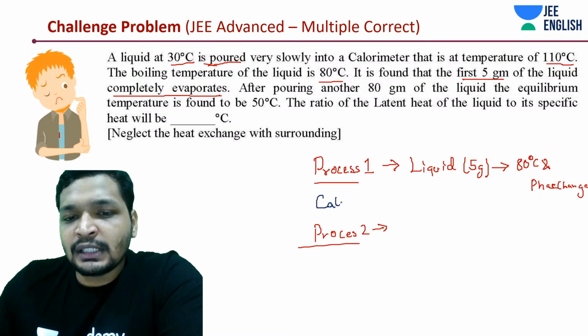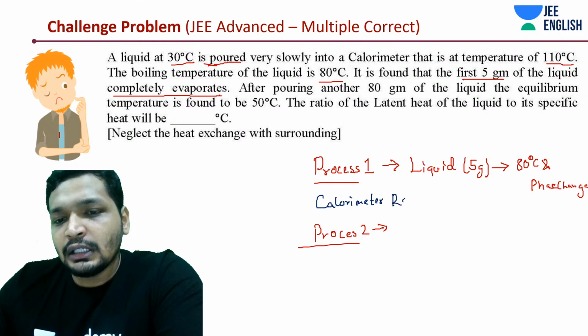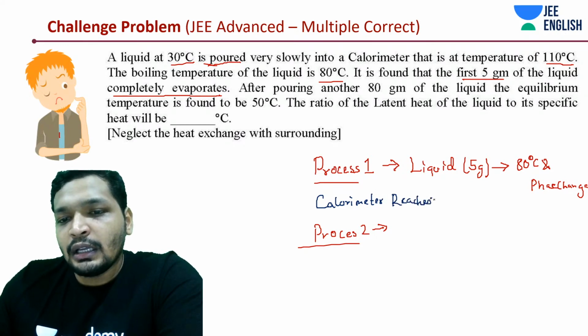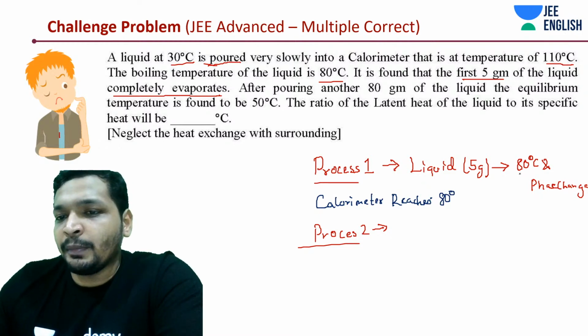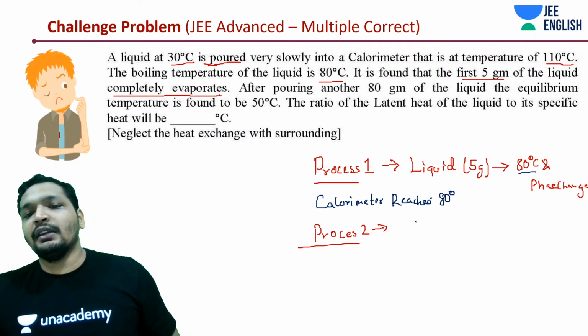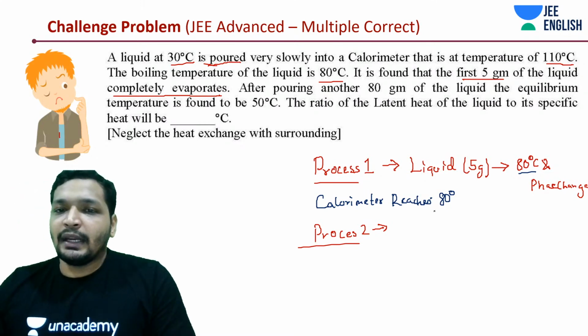So let's assume this calorimeter reaches 80 degrees in this process, because the liquid evaporates at 80 degrees, then the phase change happened. Everything came to equilibrium at 80 degrees.